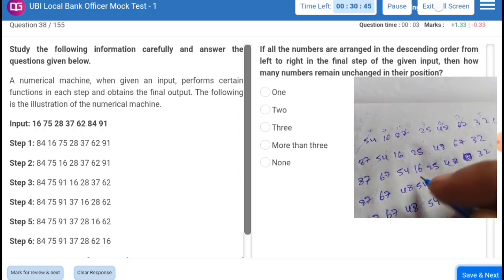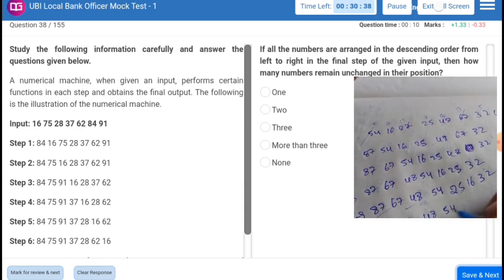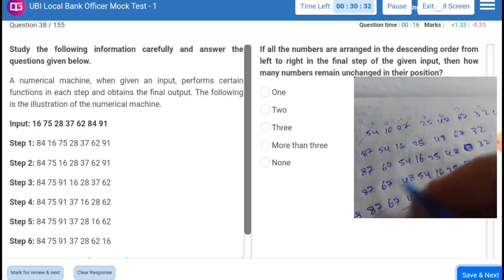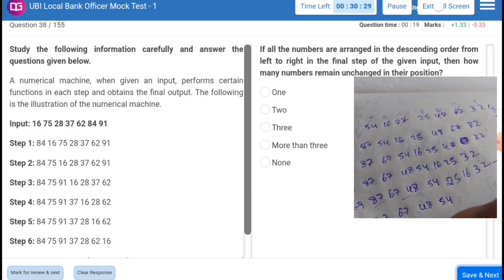If all numbers are arranged in descending order from left to right in the final step, 87.